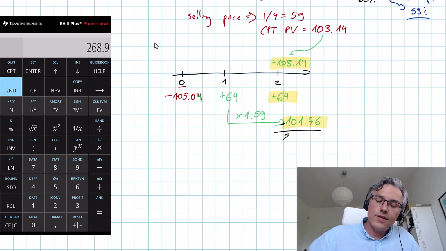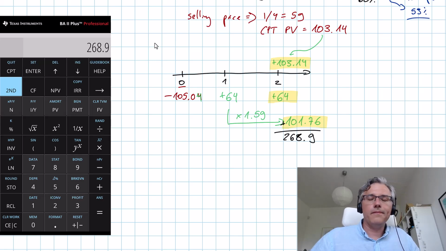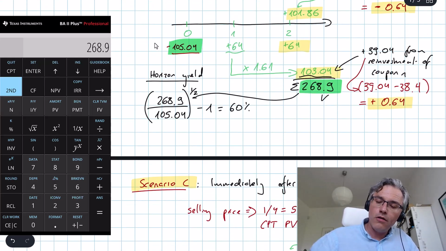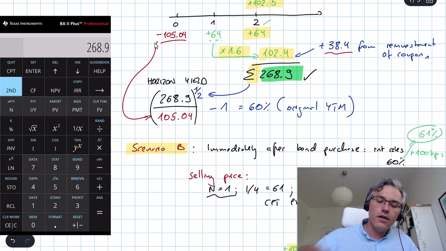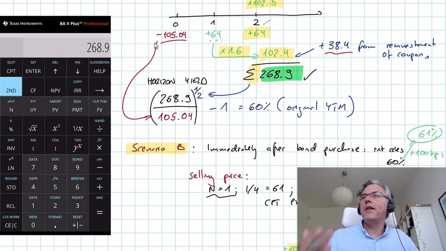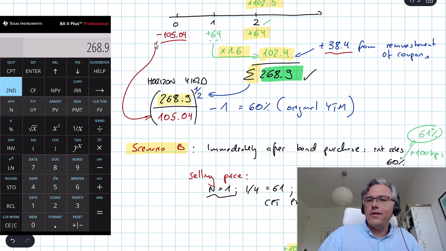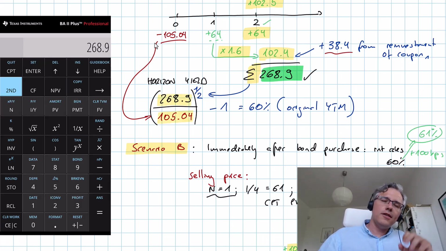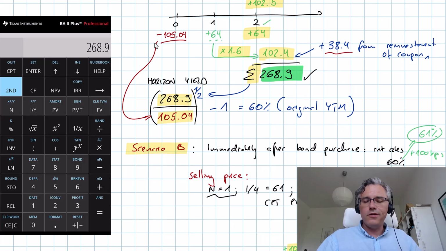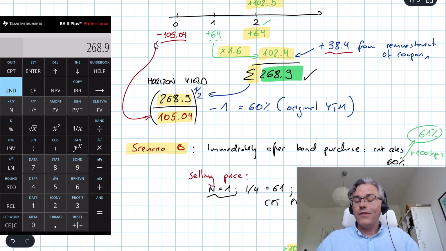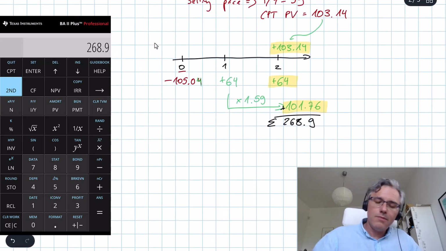Look, 268.9. It's the same sum that we saw before, and we've already seen it twice. And because whatever we end up with at the end of year 2 goes into the numerator of our horizon yield formula, and into the denominator we pack the constant purchase price, we take the square root, deduct 1, we will get the same horizon yield as before.